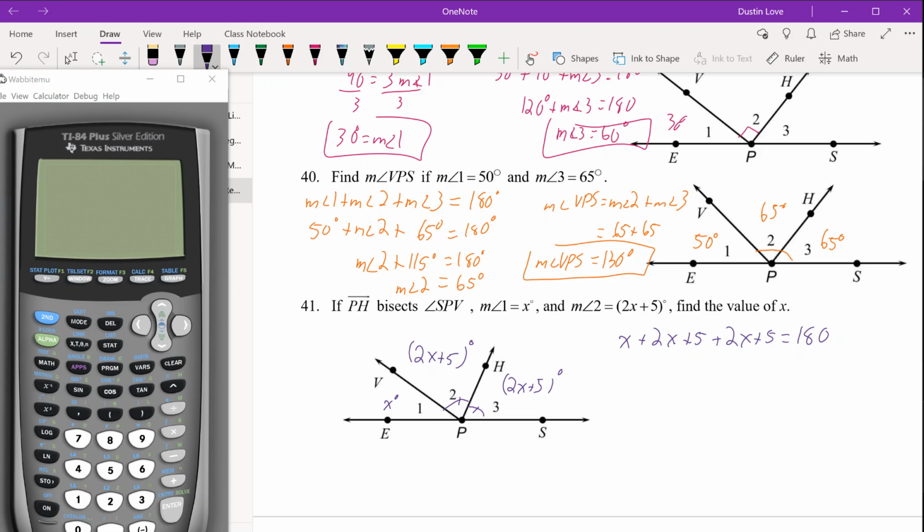Combining our like terms gives me 5x plus 10 equals 180. So 5x, subtract 10 off both sides, equals 170. And then dividing both sides by 5, x equals 170 divided by 5, which is 34 degrees.